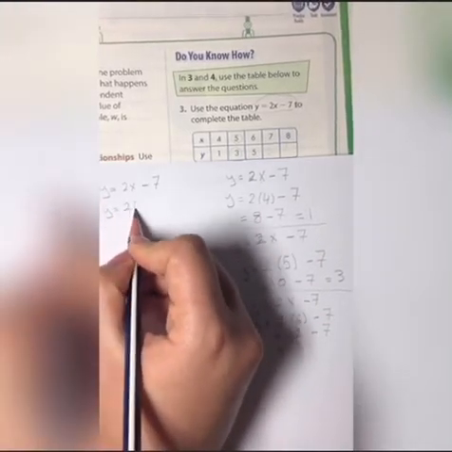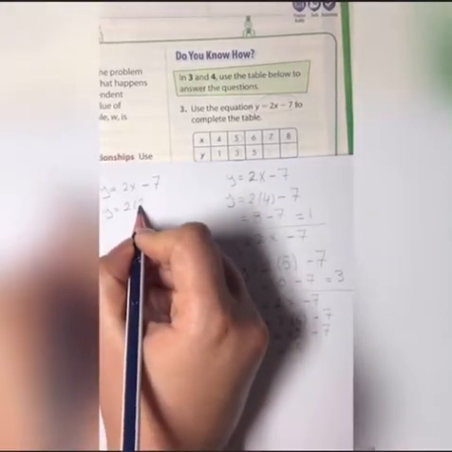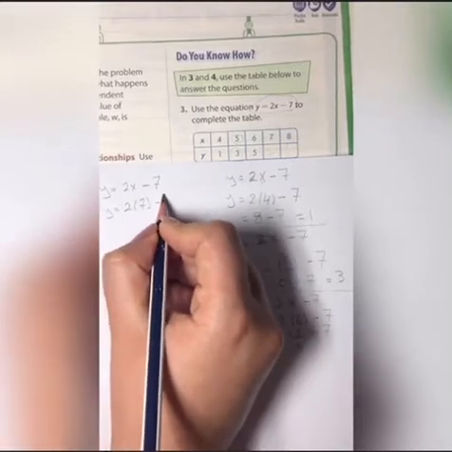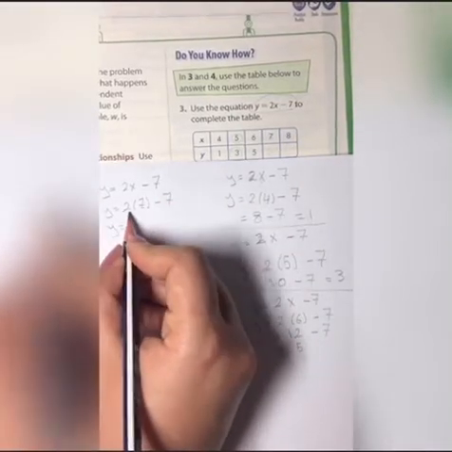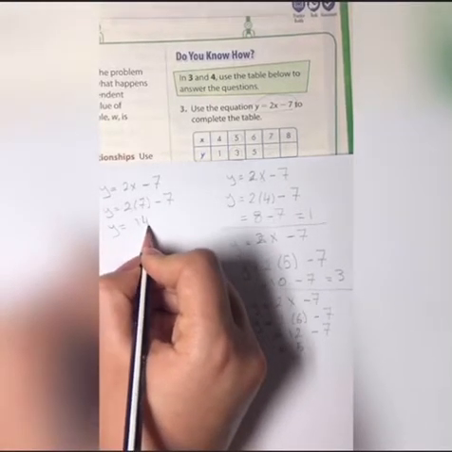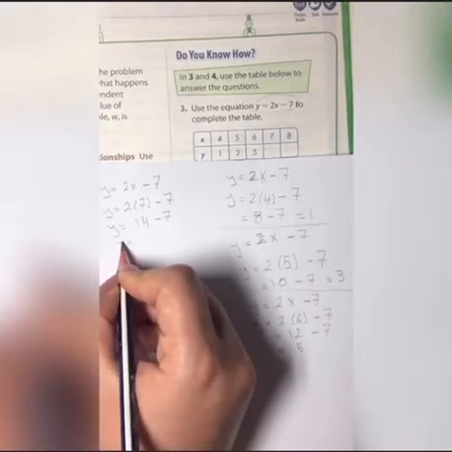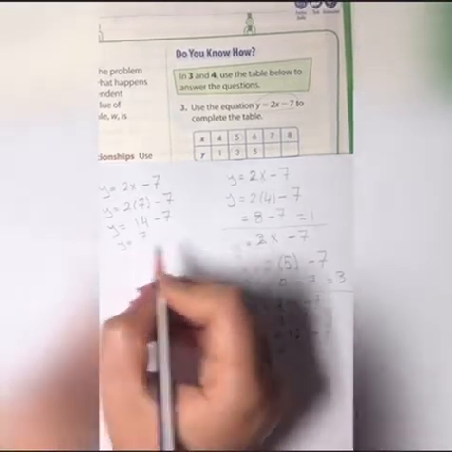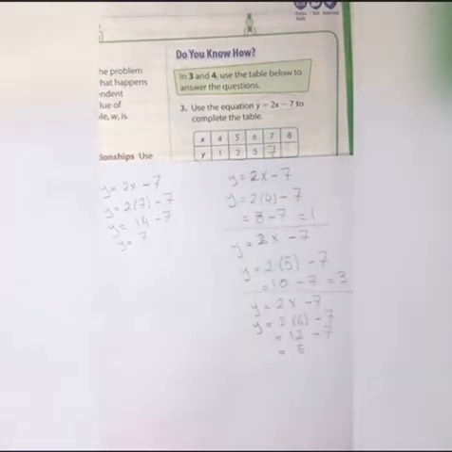Instead of x we will write 7, minus 7. 2 times 7 equals 14, minus 7 equals 7. That means we have 7 here.